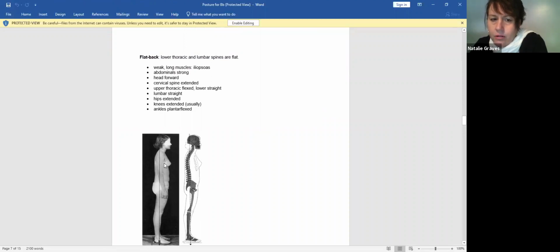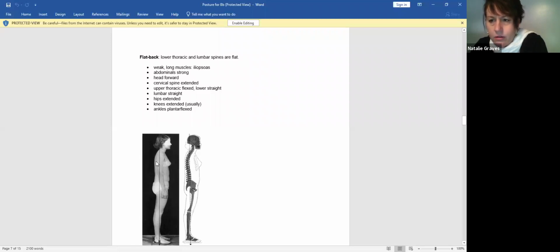And here you see that there is a flattening. Again, we're going to line the patient up against the plumb line, with the plumb line just anterior to the lateral malleolus, and we're going to see how it falls up the chain. And so just on gross examination of the curves, I noticed that there's not a nice balance of curves.